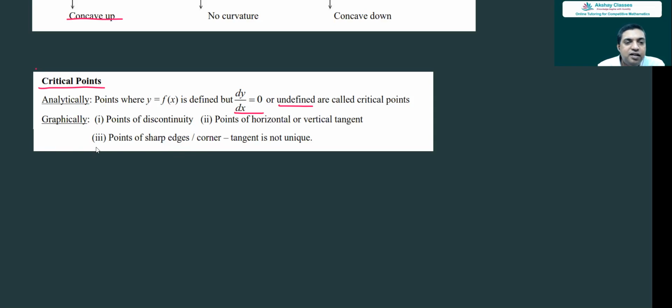So graphically, the critical points are points of discontinuity, points of horizontal or vertical tangent, and points of sharp corners, where the tangent is not unique. That means the function is not differentiable. So when we check the graph of a function, these are some of the critical points.